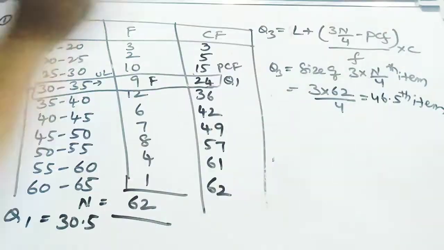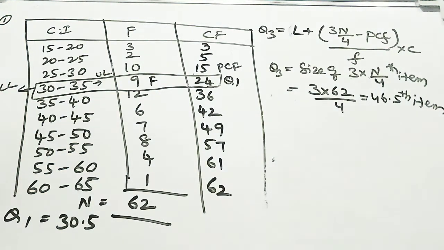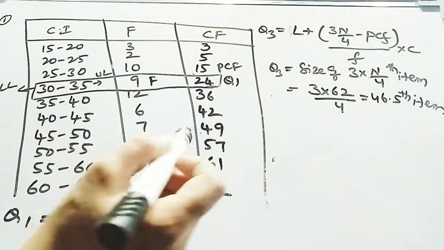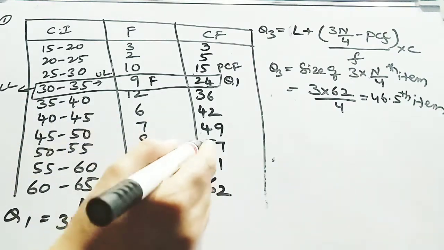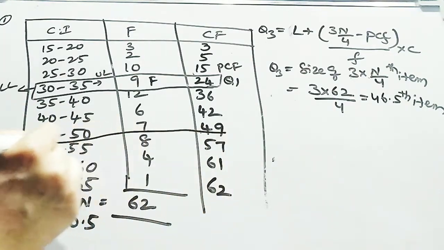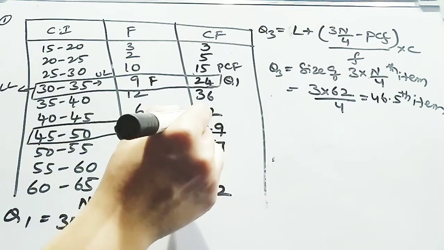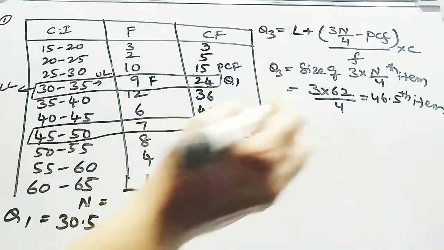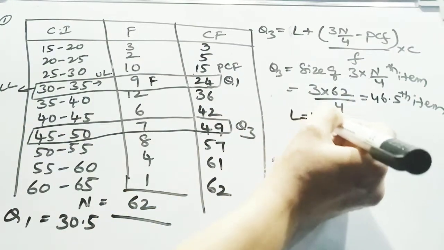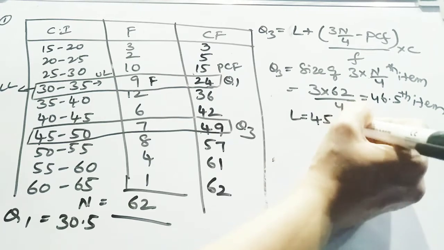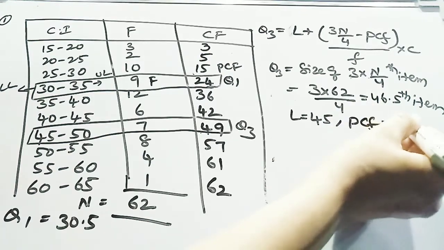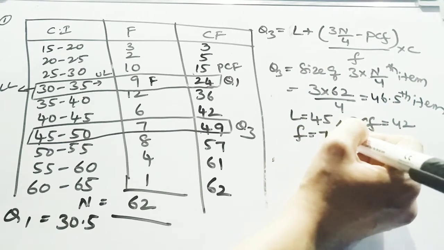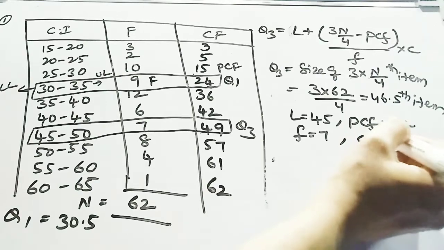Use your calculator. 46.5 lies between 42 and 49. Q3 lies in the class 45 to 50. So the lower limit is 45, the preceding cumulative frequency is 42, the frequency is 7, and the class interval is 5.